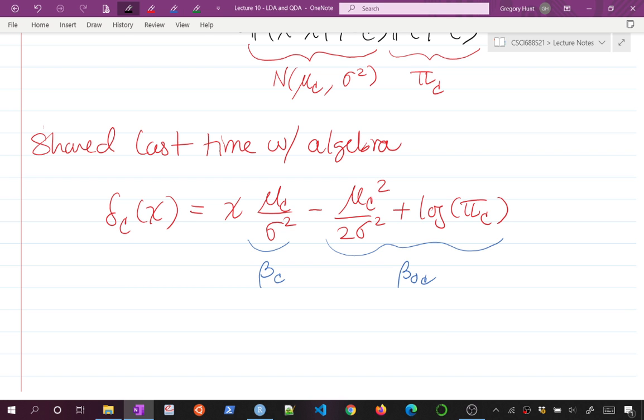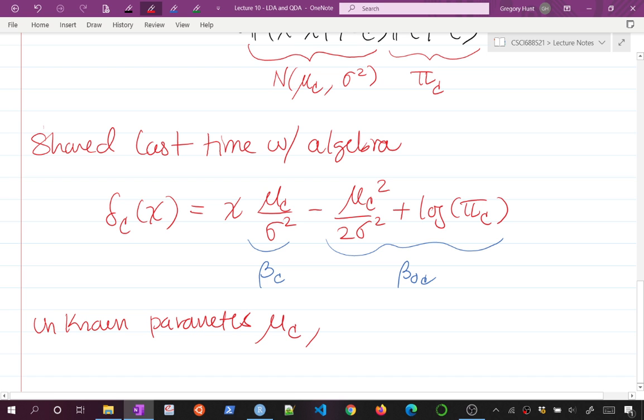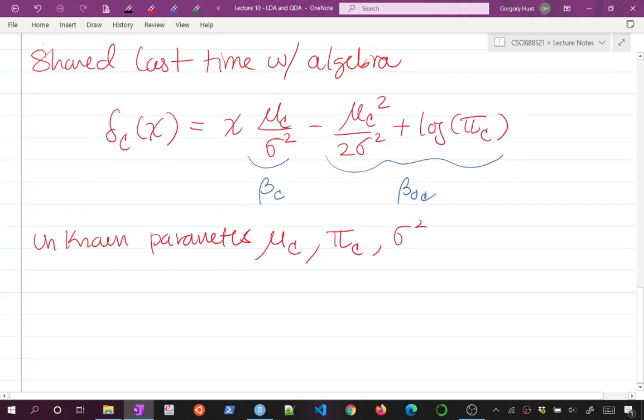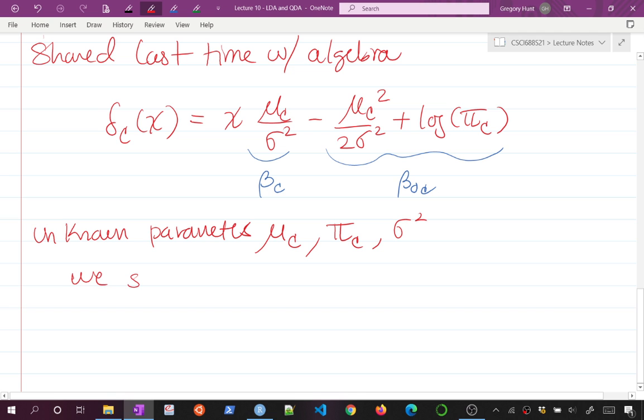The whole analysis of linear discriminant analysis is that we have unknown parameters: mu_c for each class, pi_c for each class, and sigma squared. And we estimate these using the training data, and that will give us estimates.